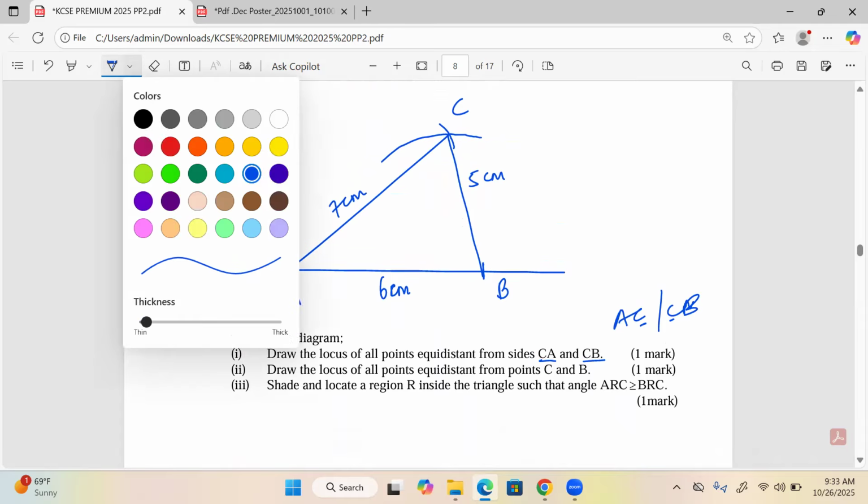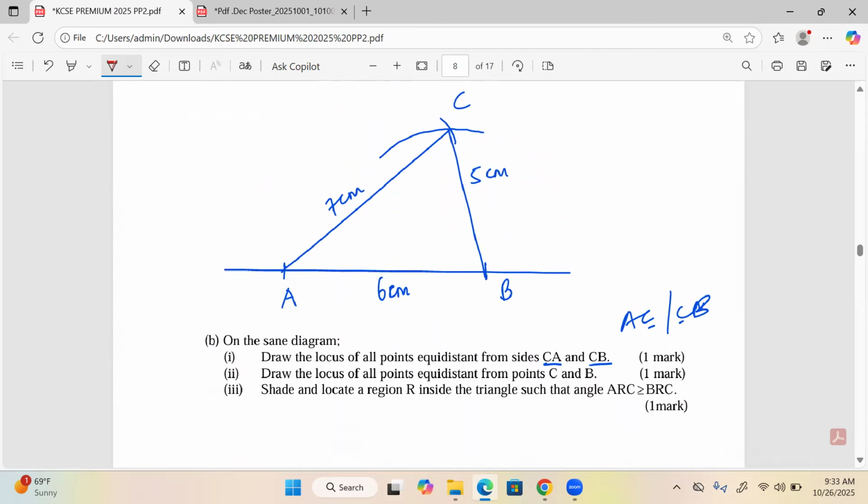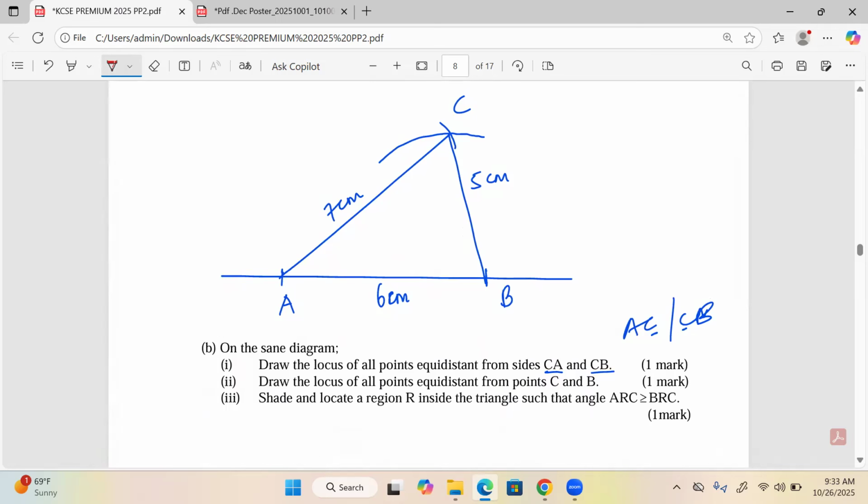So we bisect the angle at C so that we get the points equidistant from the two lines. So for points to be equidistant from this line AC and this line, we're supposed to bisect the angle where the two lines meet. So we stand at C, you make arcs. Then standing on those arcs, we make other arcs at this point. Then now you can produce your angle bisector.